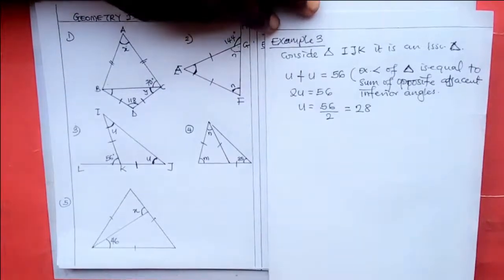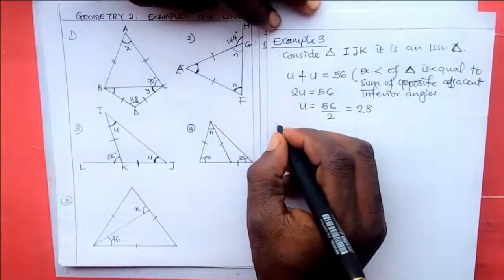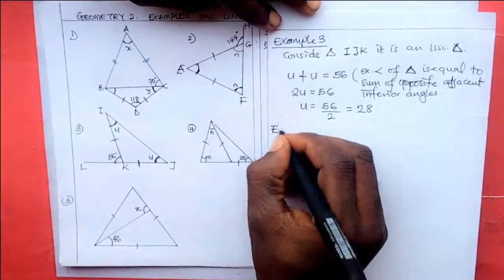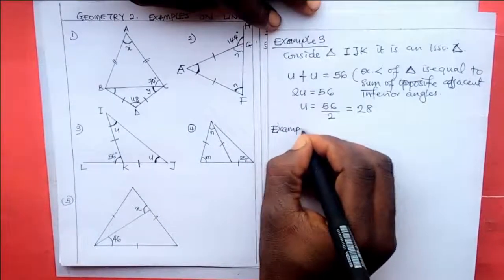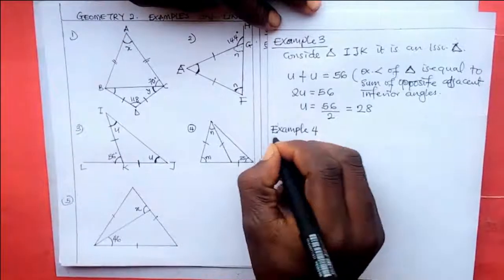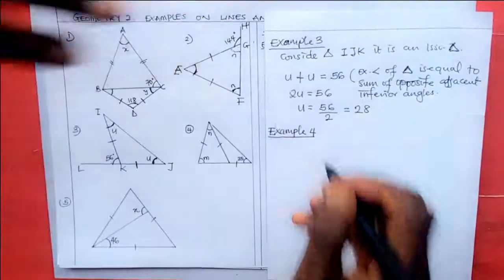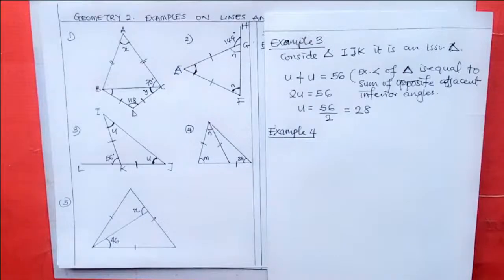Then we move to example 4. In example 4, we want to find n and m. So how do we get n and m?